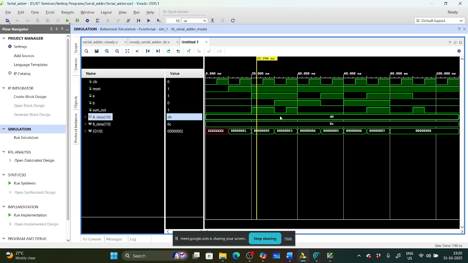Here I'm checking serially. I'm checking the sum for each and every clock pulse.